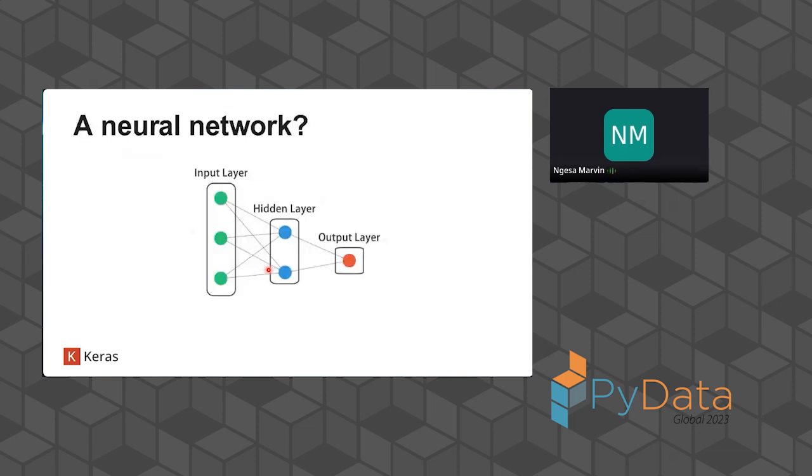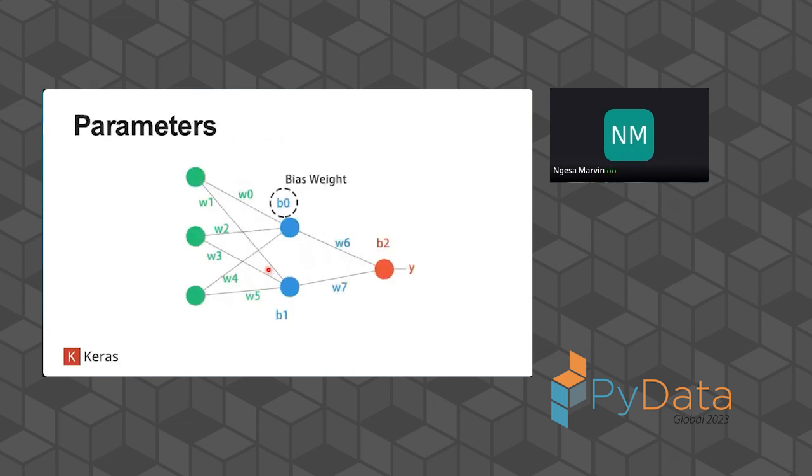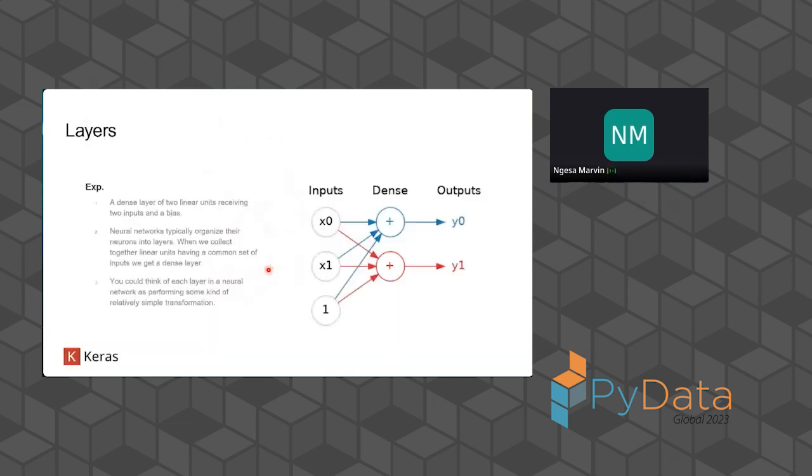Okay, so yeah, and then maybe we can now move to something called a neural network. Let me just move here. I've talked about neurons, I've talked about layers, and you know that a layer is basically a linear unit that is able to receive an input, do some processing, and then give an output.